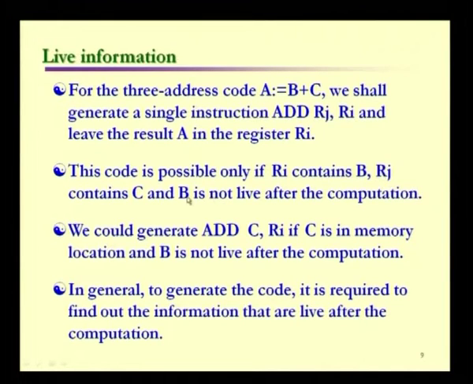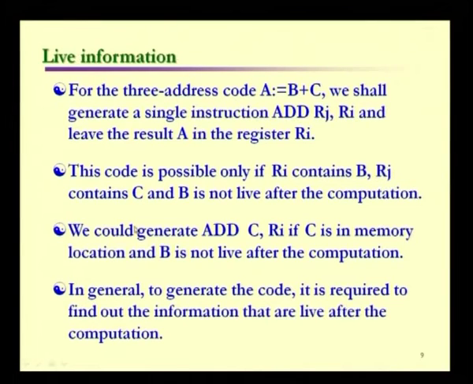We have that constraint because we write the value back onto register Ri, and earlier Ri held B, but after the computation Ri is no longer pointing to B, and it is going to have the value A.